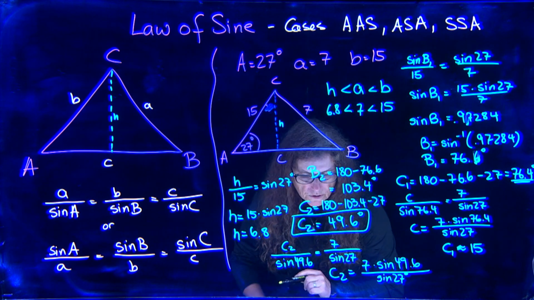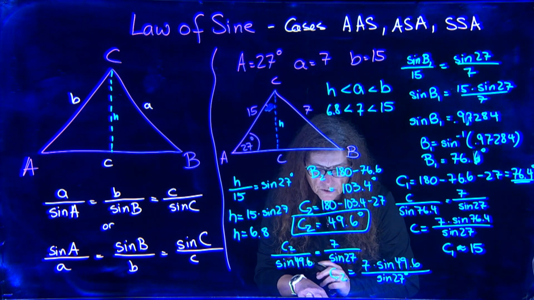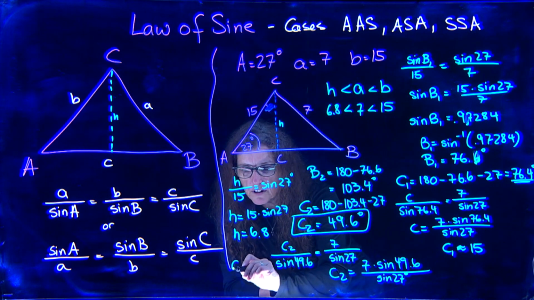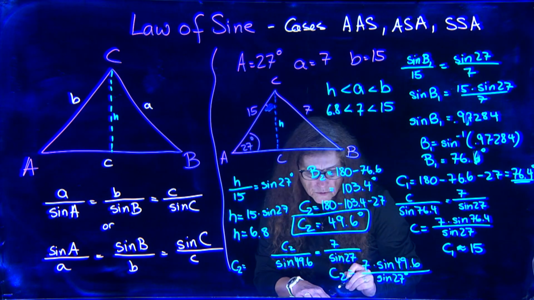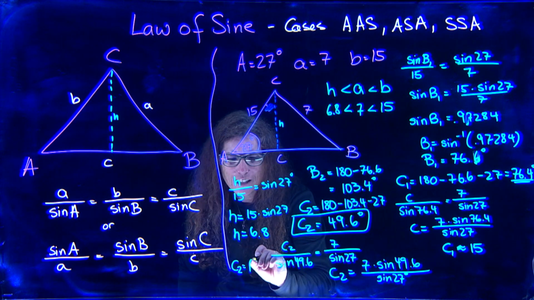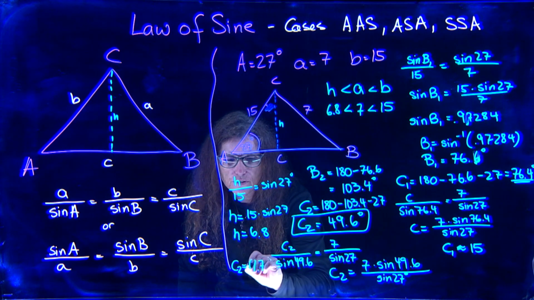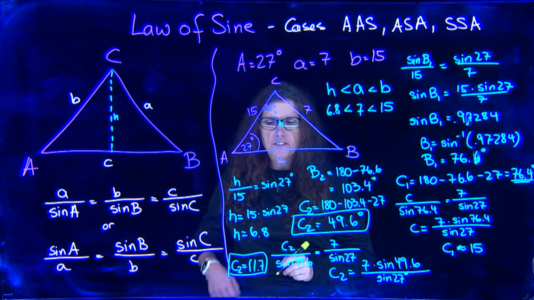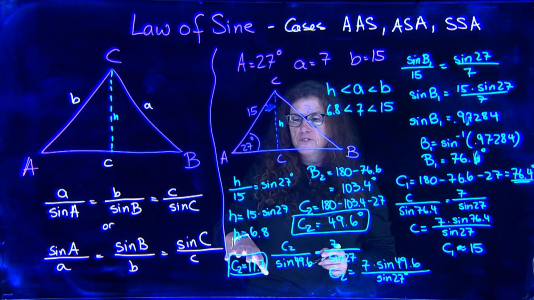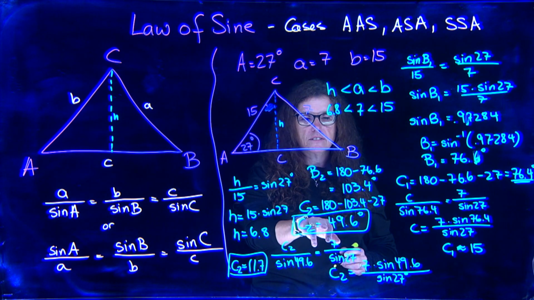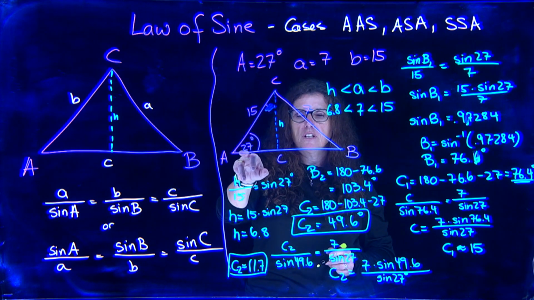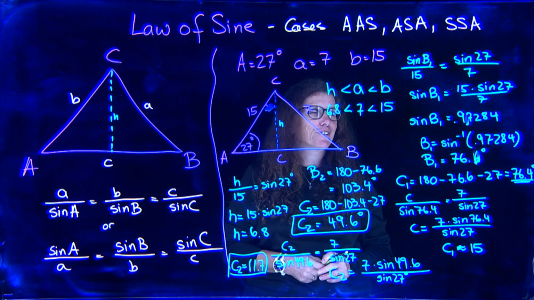And if you do the arithmetic and use your calculator, C2 is approximately 11.7 units. Here you go. So we get two triangles here. With angle C1, we have A and B, and we have both angles. Here you go. That's it.